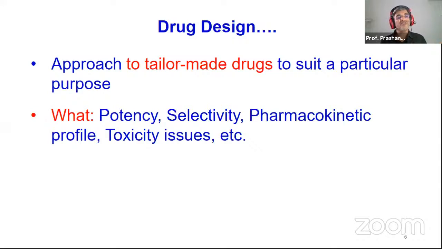You can imagine the cost difference would probably be maybe 100-fold, if not 1,000-fold. So potency has a great implication on everything, because if the drug is more potent, you will have to give only a small amount of that drug for bringing about the therapeutic response. And because the drug is given in small amount, the side effects will also be low, right? So that's where everything becomes very apparent.